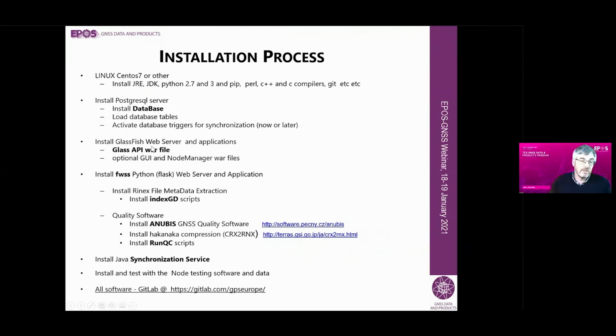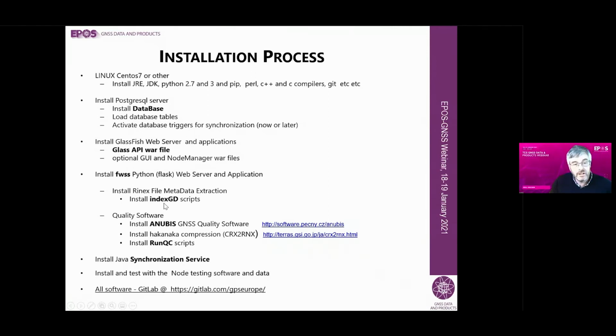You'll need to install a Glassfish web server or compile the code for Apache or Nginx or some other web server. And then you'll need to install the optional GUI if you wish. You'll need to install a Python web server. Flask is a basic Python web server.